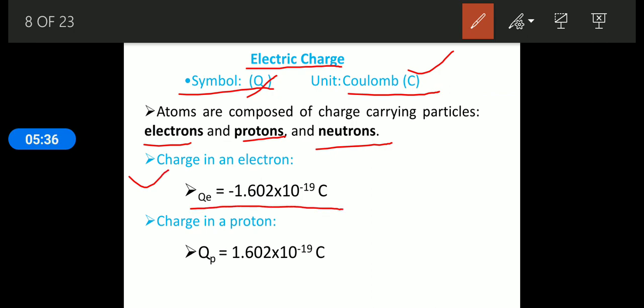Why minus? The electron has negative charge. So, the charge on an electron is minus 1.602 into 10 raised to minus 19 coulomb. The charge on a proton is 1.60 into 10 raised to minus 19 coulomb.